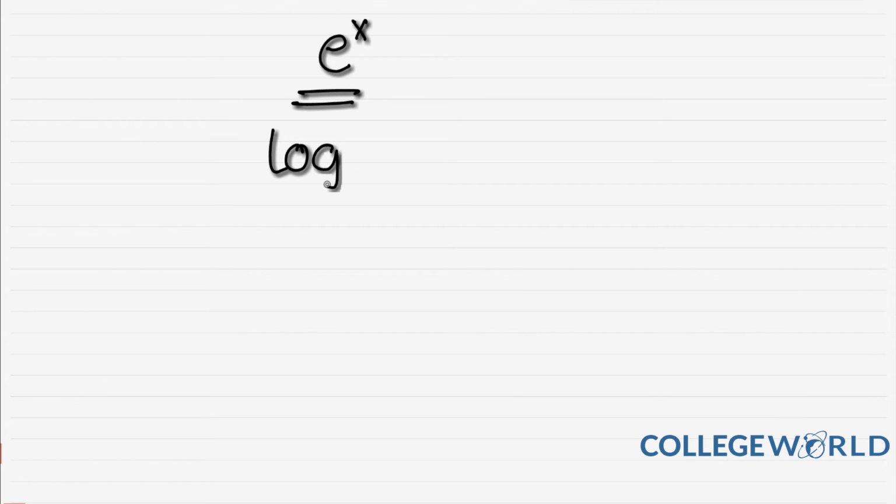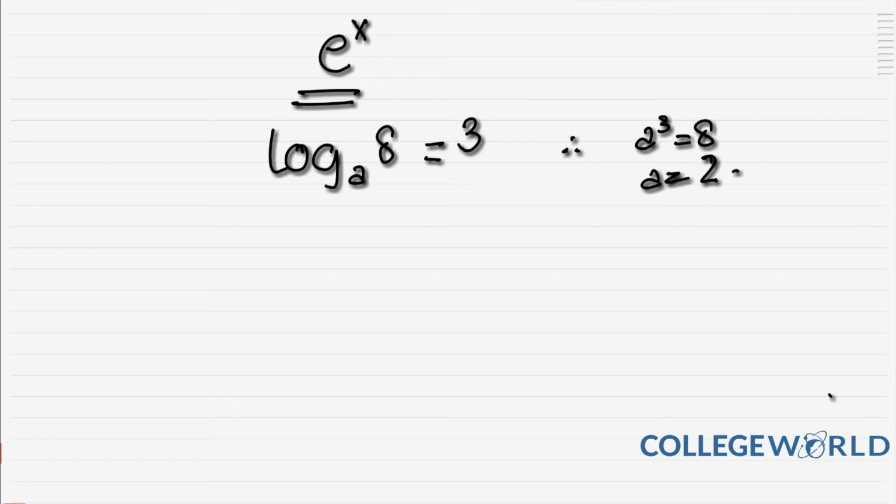And as we said, we have the natural exponential function e, because when you differentiate it, you get the same function. Now, this is where the natural logarithmic function will come. So where we're talking about log base a of 8 equals 3, then a to the power 3 equals 8, and then our a is just 2. Yes, this is how you solve it.